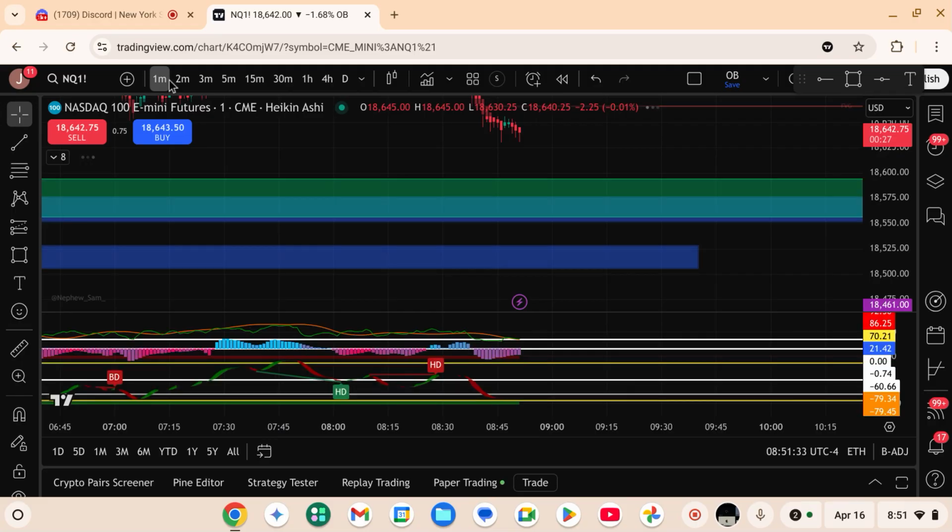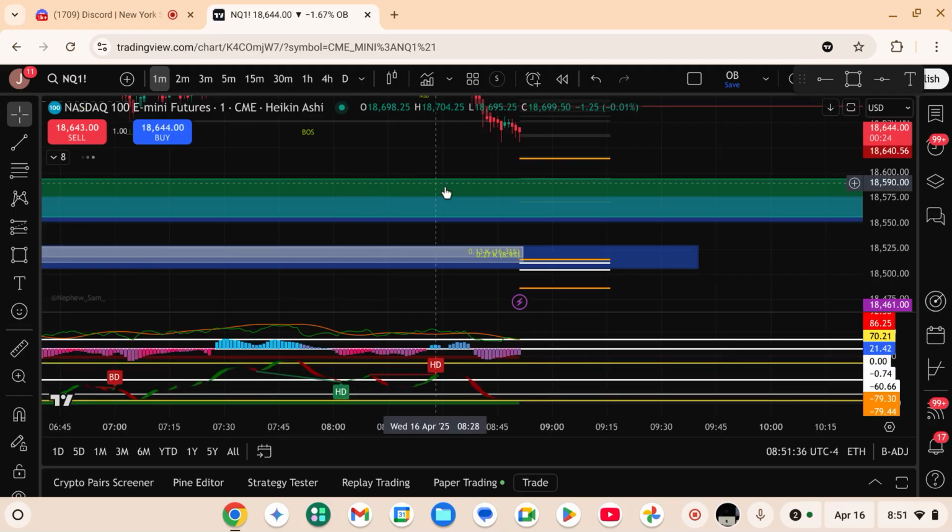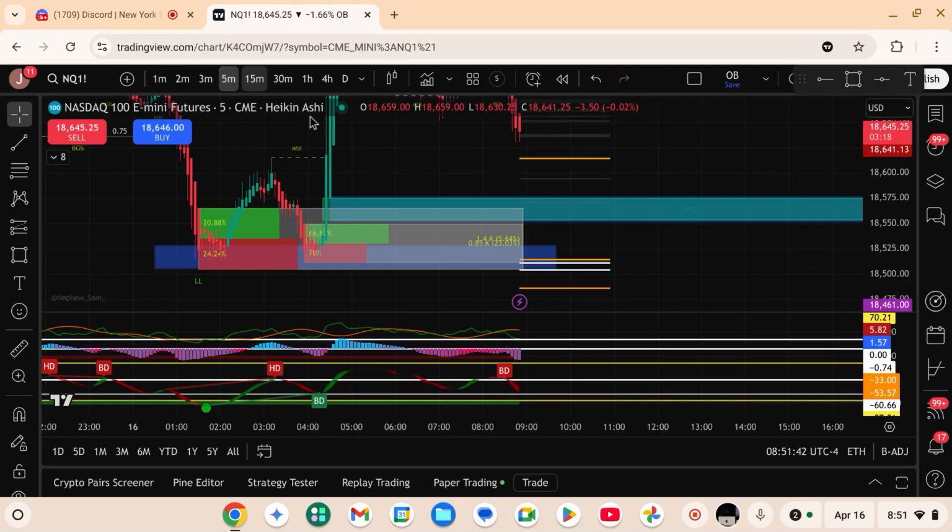Let's see, 1 minute. So it looked like it could be two possible entries, either from a breakout outside of this gap, like once it gets filled and price comes outside of it, we could take longs, or we can wait for it to come deep inside this order block here and then take longs with a breakout outside of here, which has more liquidity.